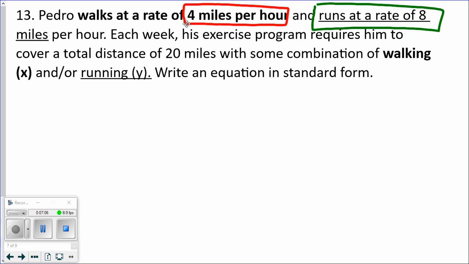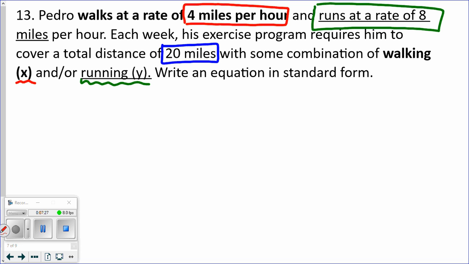Each week, his exercise program requires him to cover a total distance of 20 miles with some combination of walking, which is x, or running, which is y.